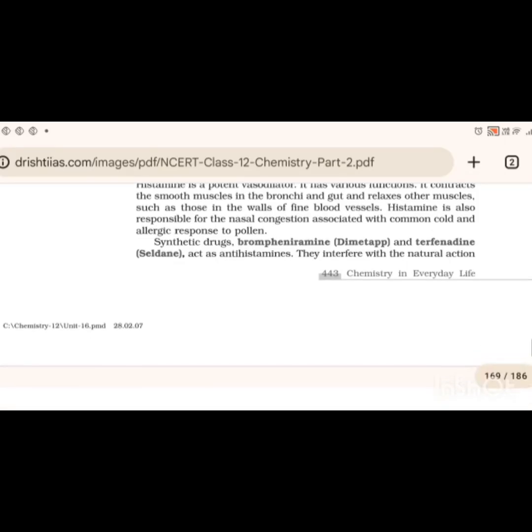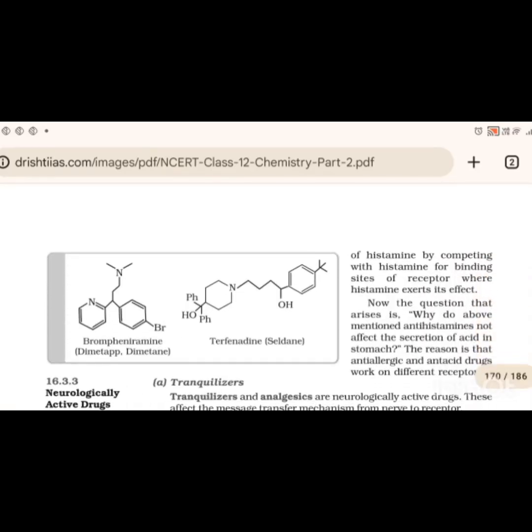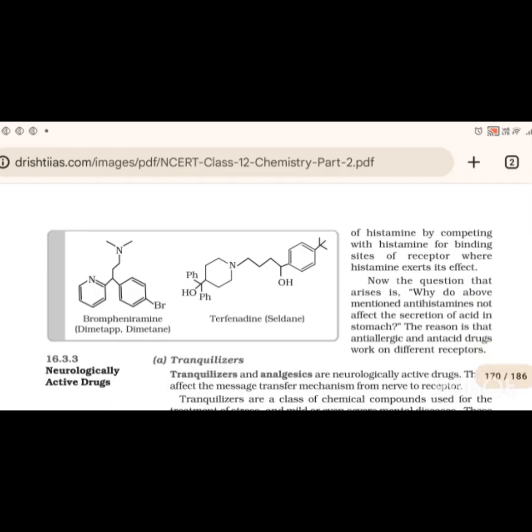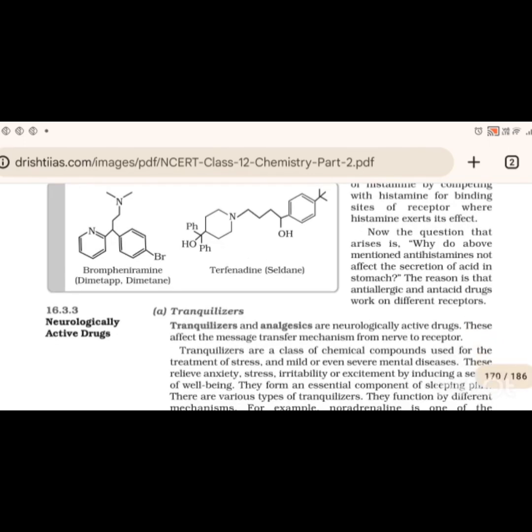Synthetic drugs such as brompheniramine block the effect of histamine by competing with histamine for the binding sites of the receptor where histamine exerts its effect. Now the question arises, why do the above mentioned antihistamines not affect the secretion of acid in the stomach? The reason is that anti-allergic and antacid drugs work on different receptors.